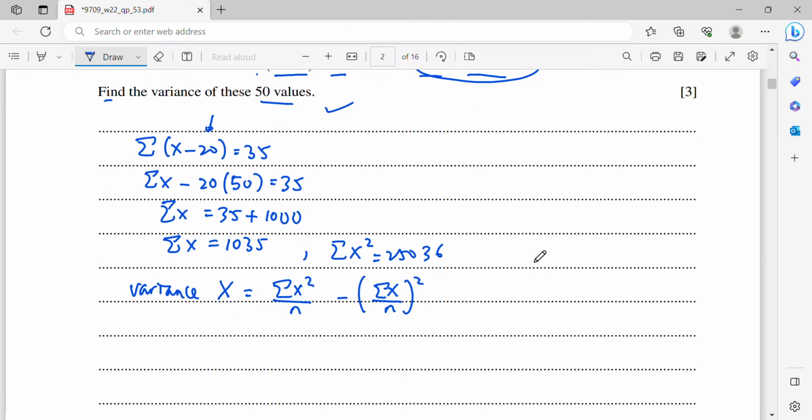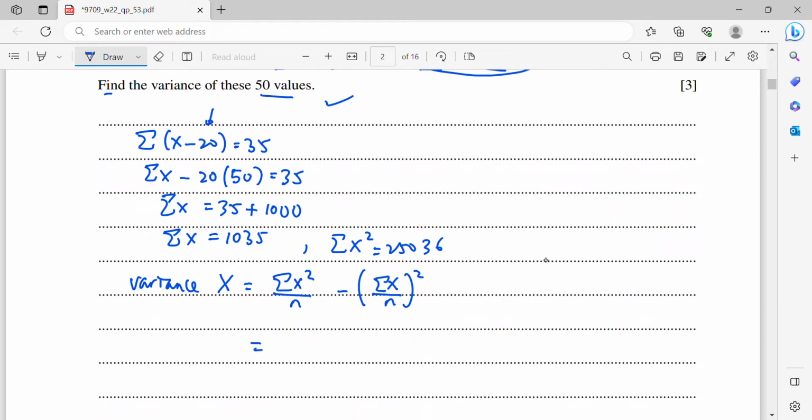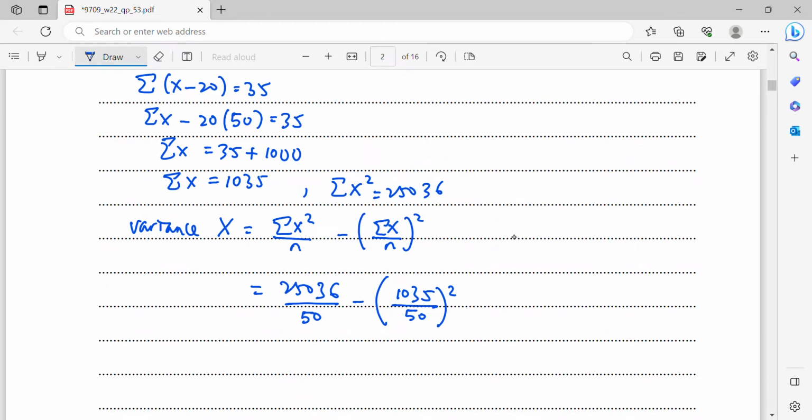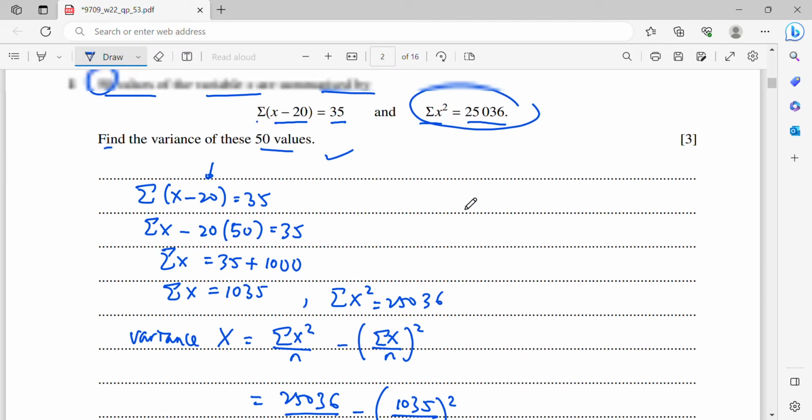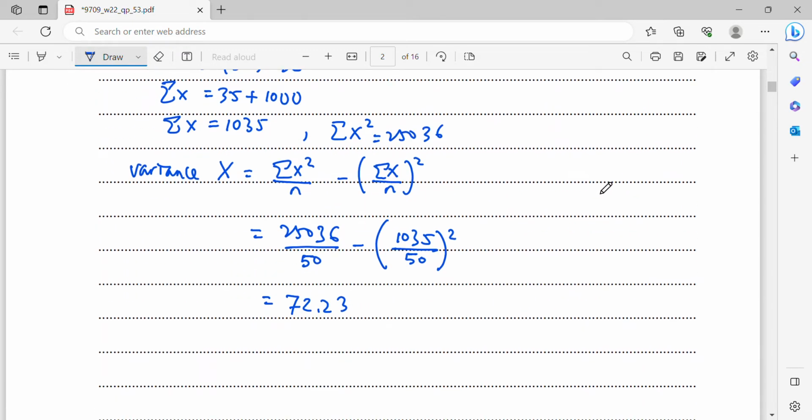So now replace all the values: 25036 over 50 minus the square of 1035 over 50, and you will be getting 72.23. Okay, so for the variance, you can probably just write 72.2, correct to 3 significant figures.